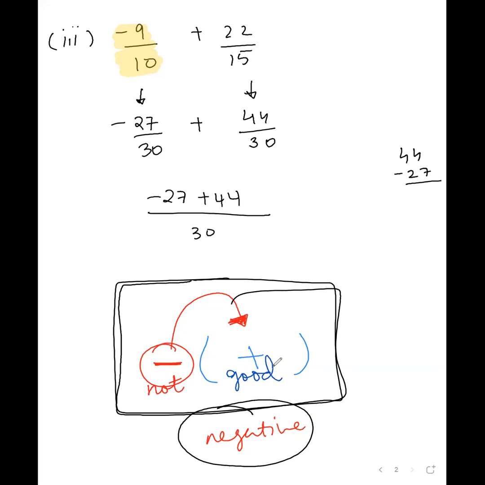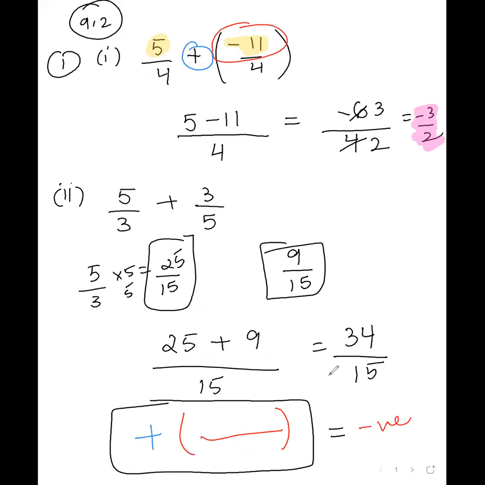Not good means bad. Yes, that is a negative word. So when two signs are being multiplied, this is actually multiplication. If you don't understand that, it's okay, but just remember that if you have a bracket like this, then remember this entire scenario which we just discussed.